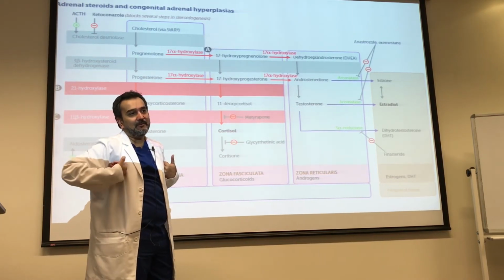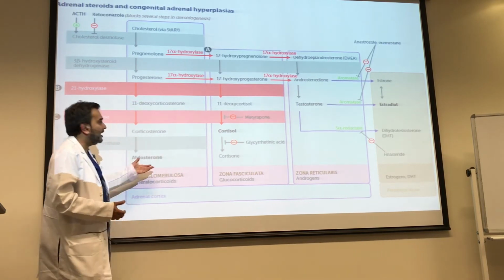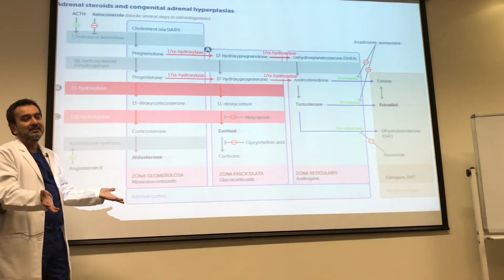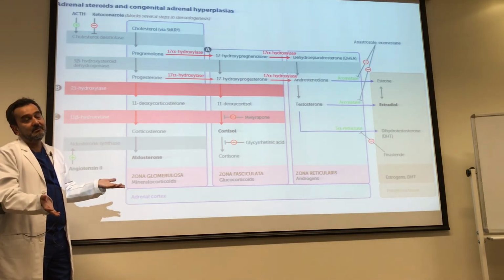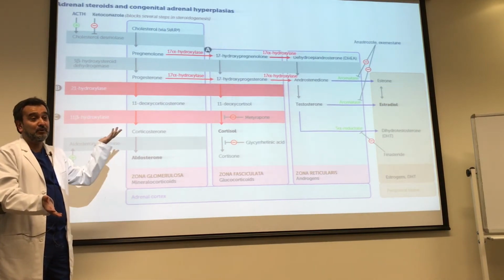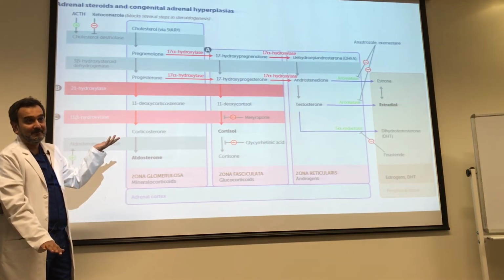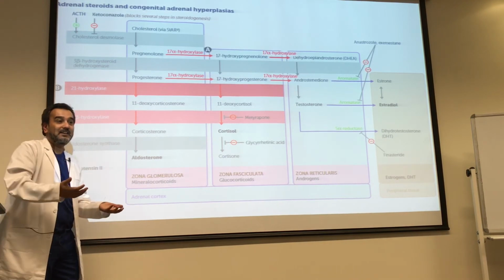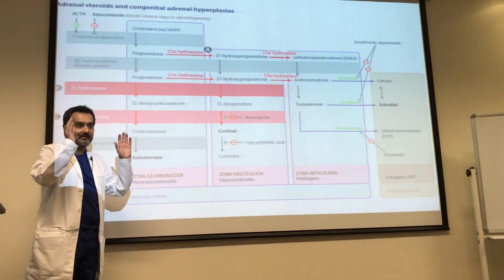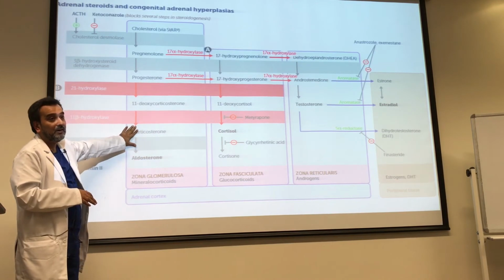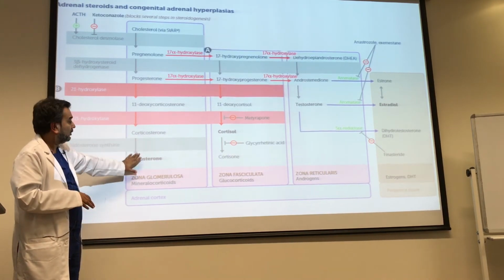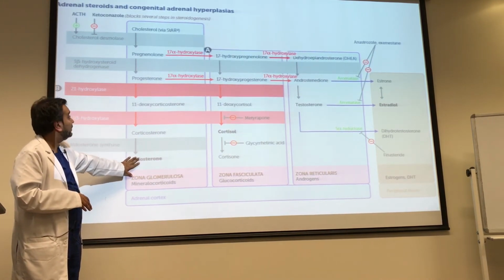There might be loss of axillary hair. They would have hypertension, hyperglycemia, because aldosterone is up, you would have more sodium, less potassium, and there would be pigmentation of the skin. All those things are going to happen because of the activity of glucocorticoid as well as aldosterone.